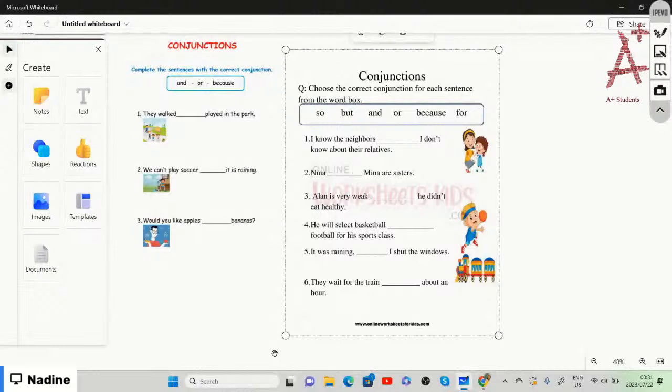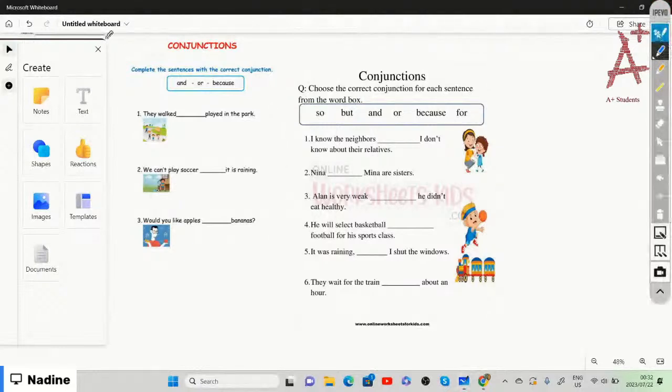All right, so if we look at the first one, it says, I know the neighbors. I don't know about their relatives. If we were to choose the correct conjunction within that sentence, then it is but, because as much as you know your neighbor, you still don't know about their relatives.